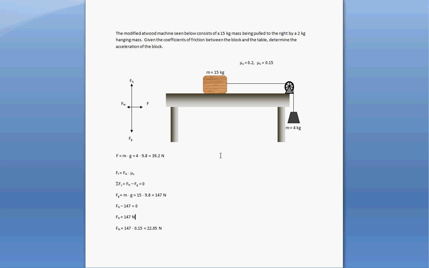So next thing to do is a summation equation left and right. So the sum of all forces in the x direction is equal to the right forces, which is just F, minus the left forces, force of friction kinetic. And because the block is accelerating in the horizontal direction, this will not equal 0.